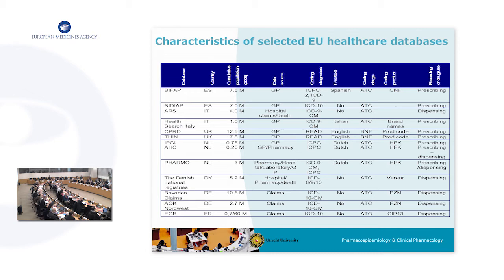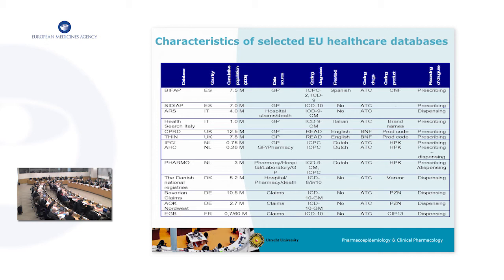And what is striking, I think, is that there's a lot of different sources, varying from general practitioner databases, hospital databases, claims databases, etc., but also the different coding systems that are there. Some databases have free text available where useful information may be stored, and of course this is in the national language, and so forth.